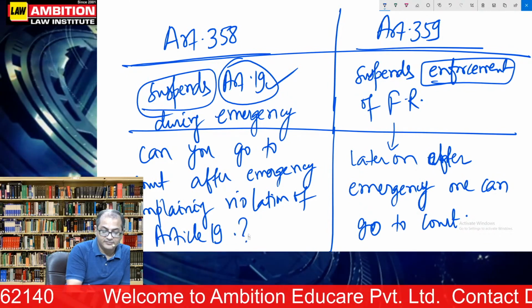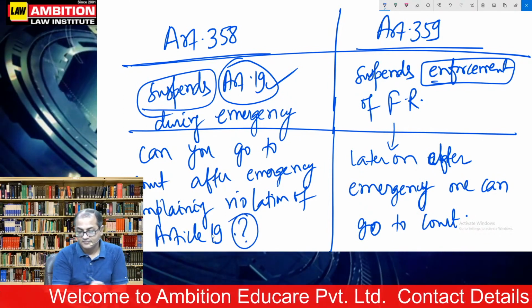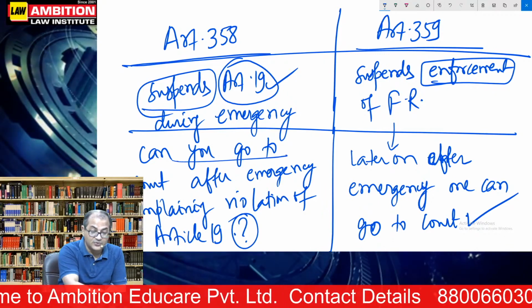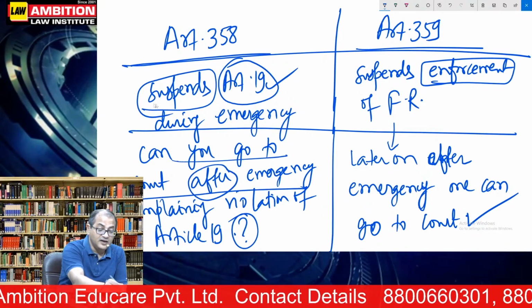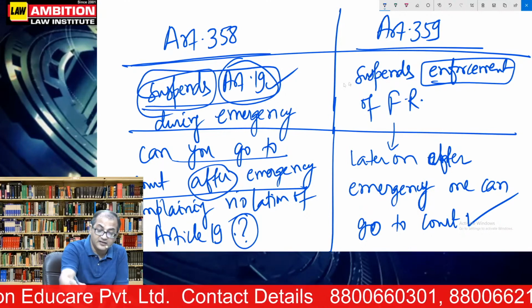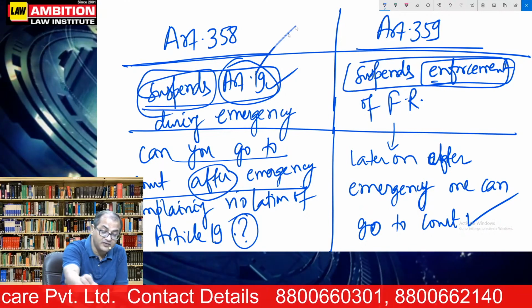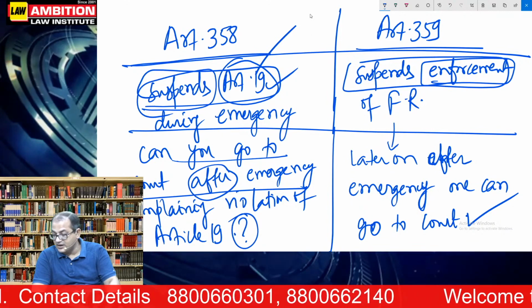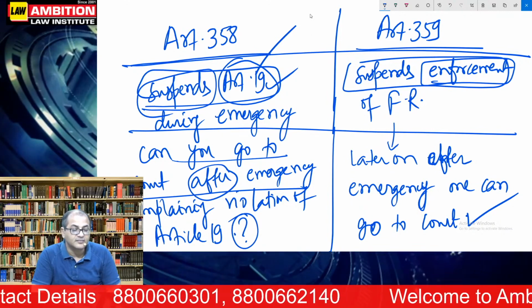That is the question. It is clear that with enforcement suspended, you can go to court. But here, can you go to court after emergency? Because it suspends Article 19, it doesn't suspend enforcement, it suspends the article itself. So can you complain of violation of Article 19 after emergency? That is the question.